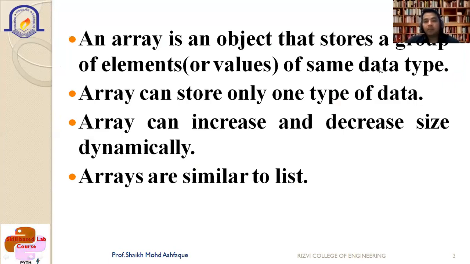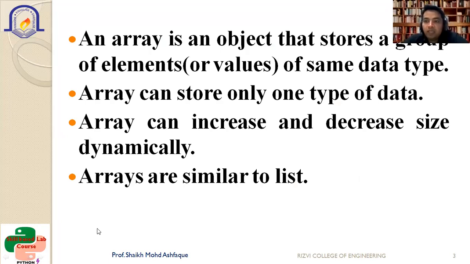What is an array? Whenever you say the definition of the array, it can be said that it is basically an object that stores a group of similar elements of the same data type. In the array, we store elements or objects of the same data type, and it can store only one type of data, integer, float, etc. An array can increase or decrease dynamically when required, and it is similar to the list.